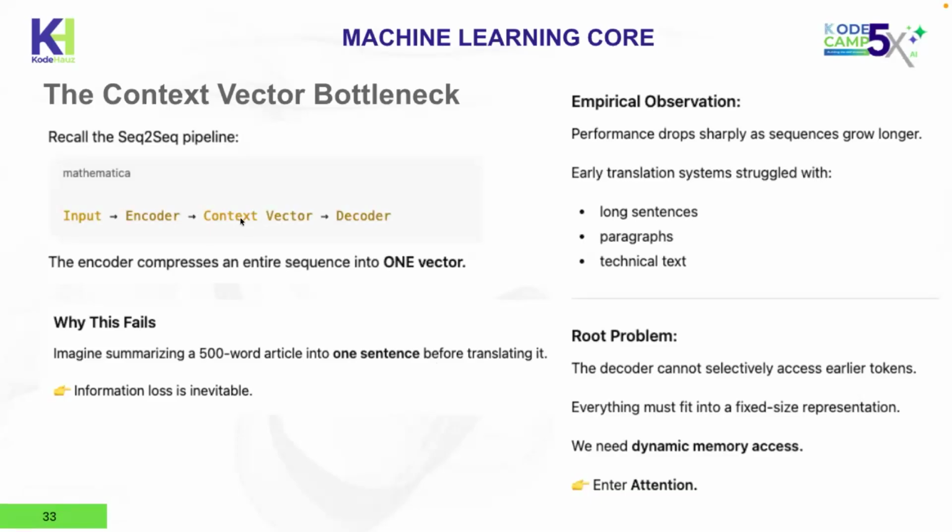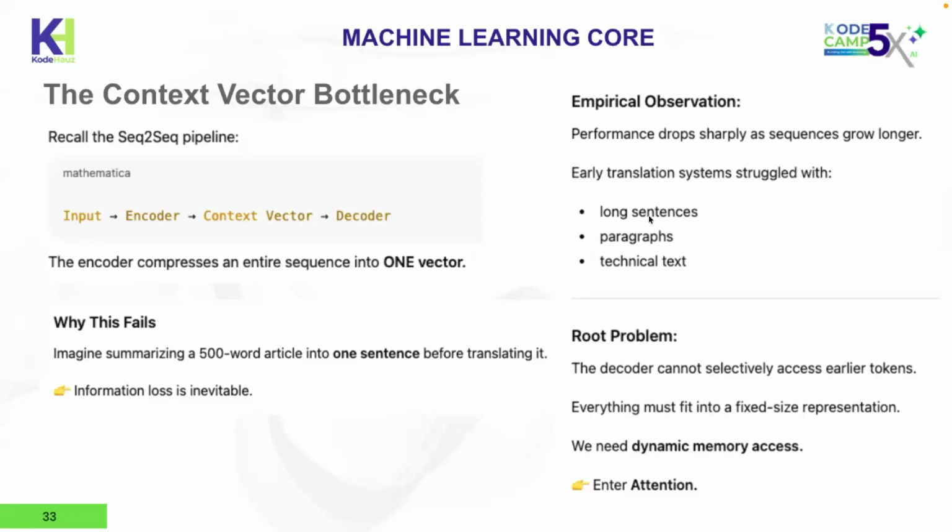Once the sequence started getting really big and you could not compress it without loss into this context vector, okay? You find that as the sequence grows longer and longer, the performance of the entire model drops because you lose information, and so the decoder is not going to do a good job. It's not going to do a faithful job. The early translation systems, which is what was used for language translation in those days, would start struggling when you gave them long sentences.